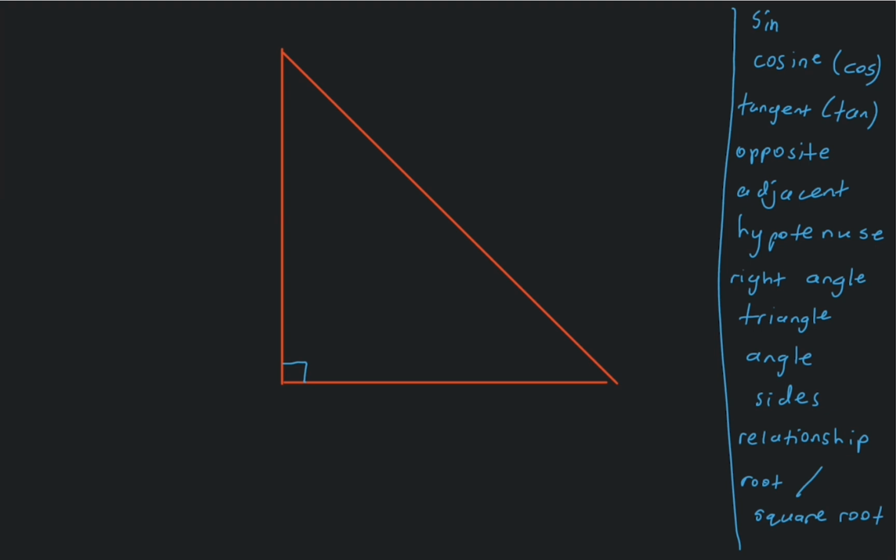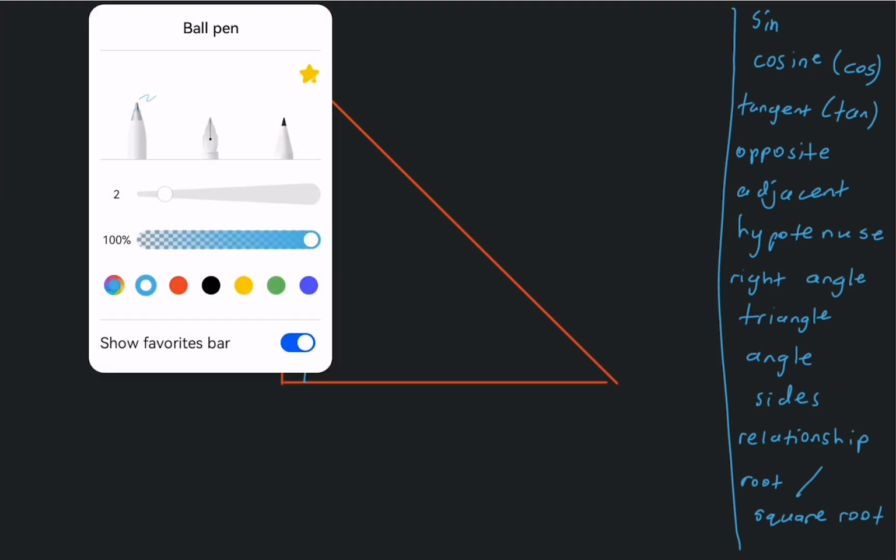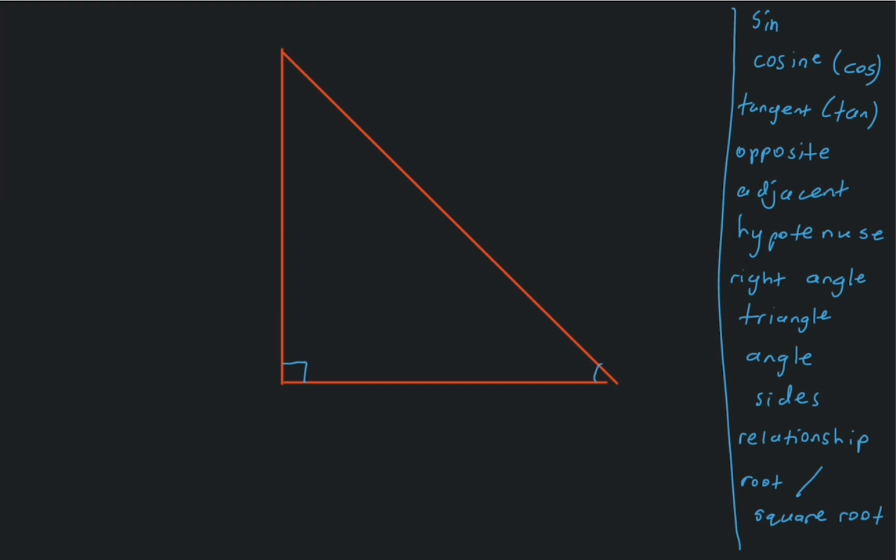And so we have this triangle and then let us say this is our angle theta and this is our angle alpha. We have this angle theta and this angle alpha, and this is our right angle. Right angle means an angle of 90 degrees.